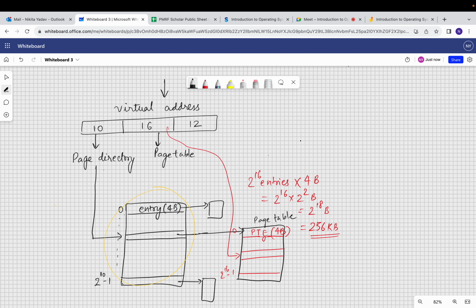Yes, a frame number as well as the page bits, sorry, page offset. This page directory entry, which is pointing to the first page table, contains a page table that is stored in a frame number, with 2 to the power 16 entries. Can we take it later? Yes.